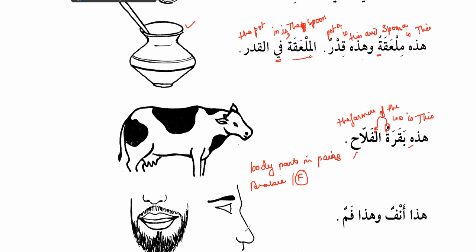So anf means nose. We have only one nose, so that's why this is considered to be male. So that's why ismul ishara hadha is being used. Hadha anfun. This is a nose because it's nakira, and this is a mouth. So that's how you translate it.